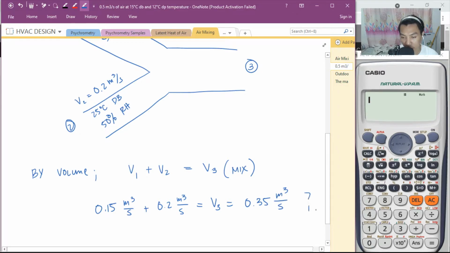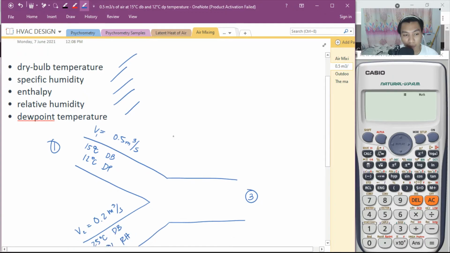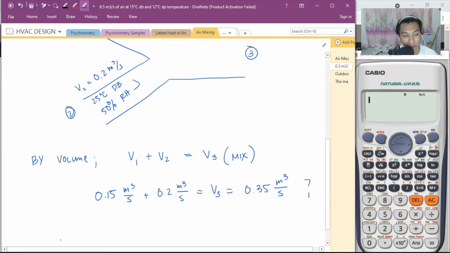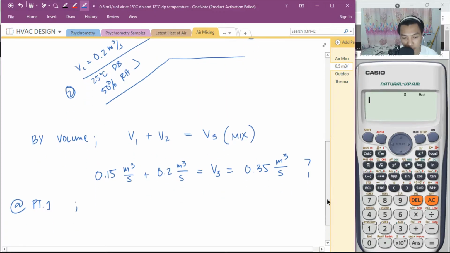Let us check. Kasi, from here, tandaan nyo, pwede nyo makuha si mass. Paano, sir? Meron kang specific volume, di ba? Makukuha natin dito. Find all the values using psychrometric chart or steam tables. Pero meron na tayong ready psychrometric chart. Okay. At point 1, ano yung mga kukunin nating value sa point 1?